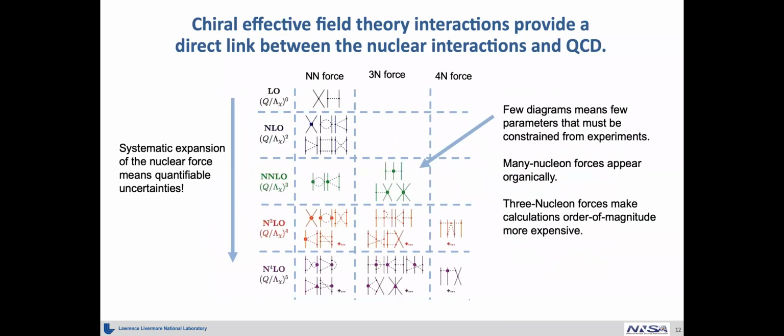I had to this point been pretty silent about how the nucleons interact with each other. In general, we use interactions derived from chiral effective field theory. The reason we do it is because chiral effective field theory is basically a bag of goodies. One, it provides us a direct link to quantum chromodynamics, which is the underlying theory. Hopefully with lattice simulations in the future, it will be an even better link.